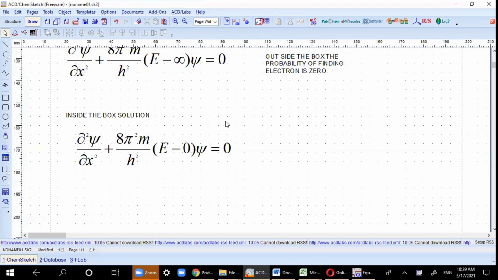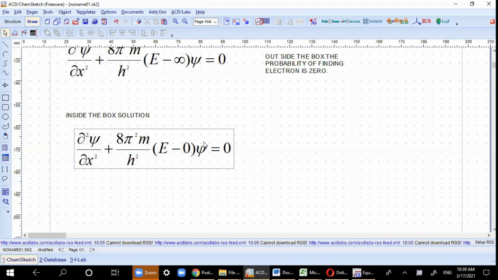Now, if you substitute the potential energy as 0, what will we get? Dou square psi by dou x square plus 8 pi square m by h square into E into psi equal to 0. This is what we are getting.